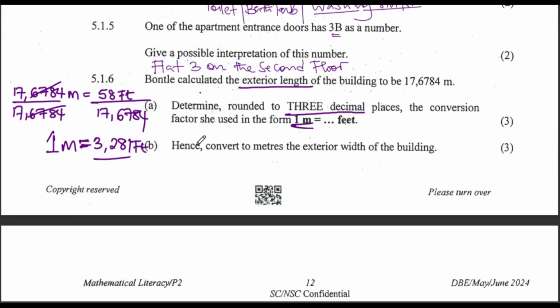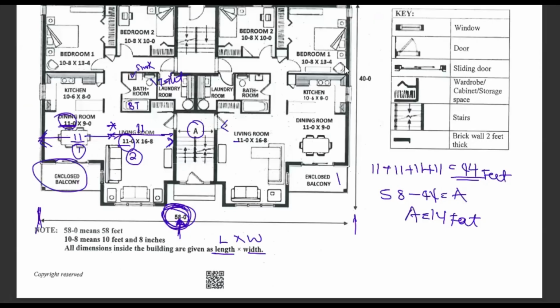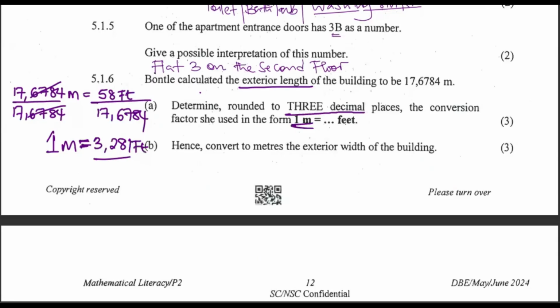Now, hence convert to meters the exterior width of the building. So we need to go to the annexure and find the exterior width. It's on this other side here. If you have to change it, you use this other factor here. If 1 meter equals this much feet, this other one is 40 feet.